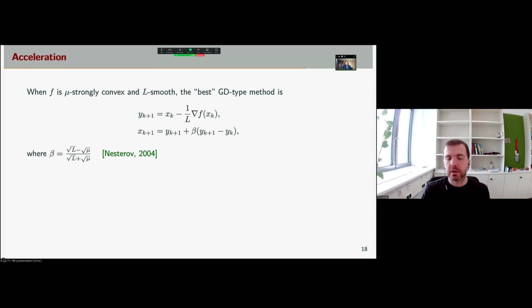In the paper we had this result for strongly convex functions, and for this kind of function, Nesterov acceleration had the same form I wrote before, where beta is this strange coefficient. It requires knowing the Lipschitz constant, and it requires knowing mu, the strong convexity parameter.